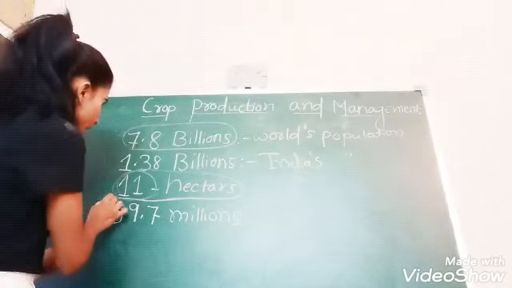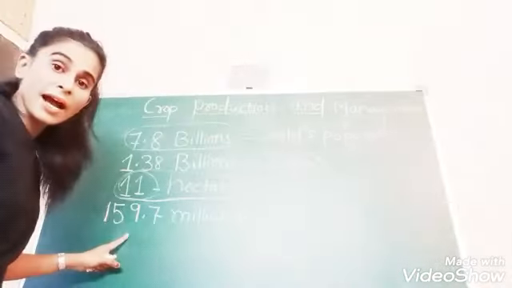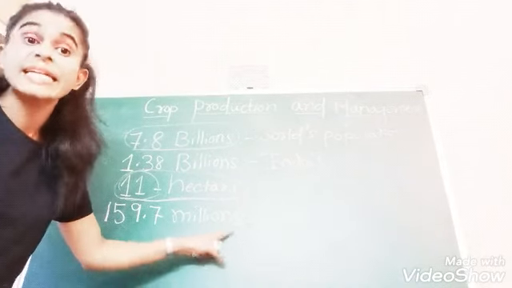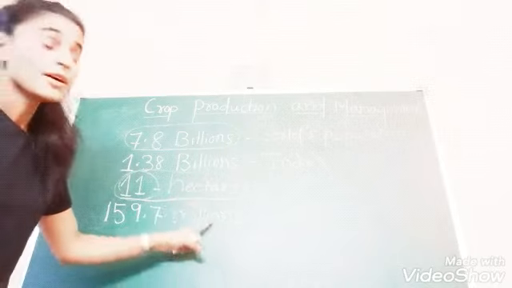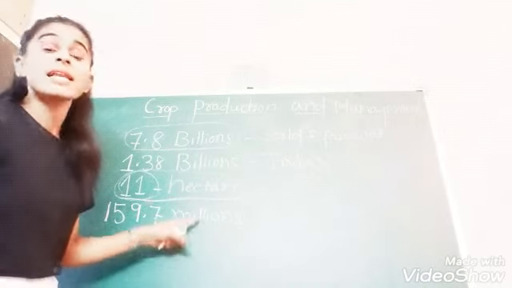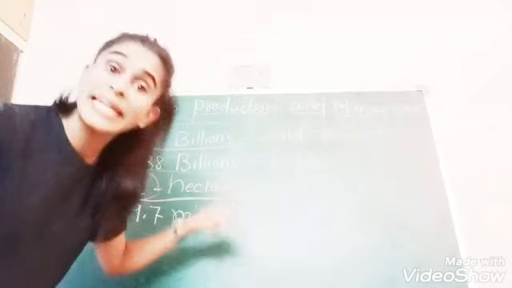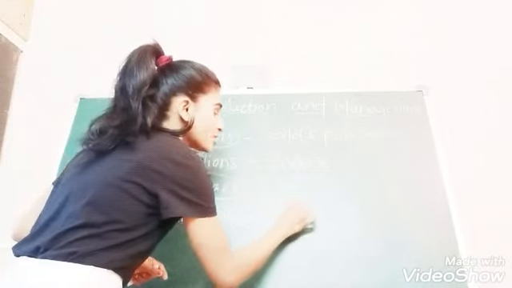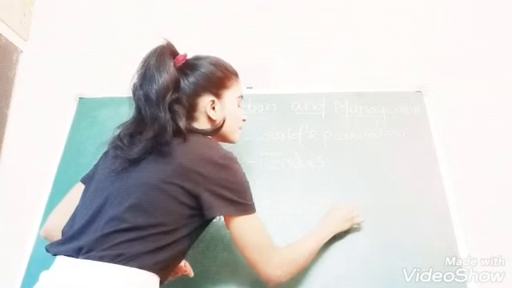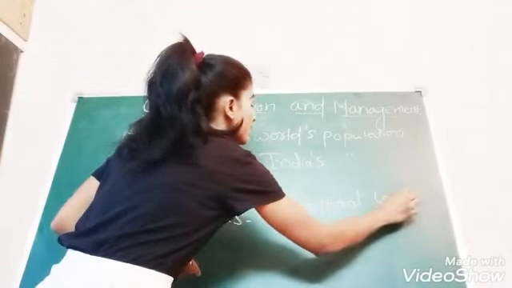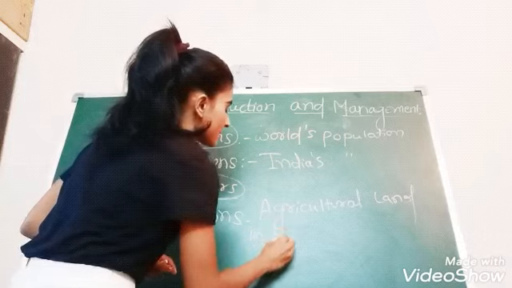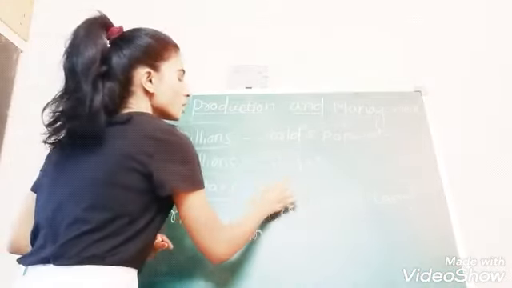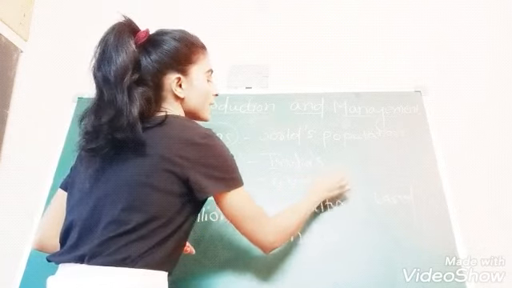Then 159.7 millions. What does this number represent? This number represents the total land under agriculture in India. And this is the world's agricultural land.